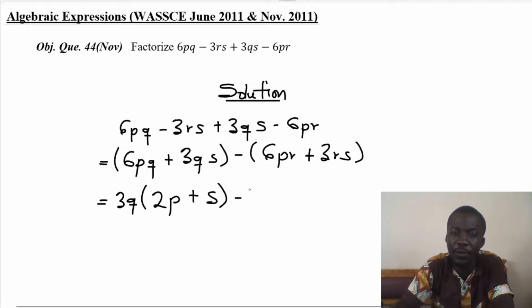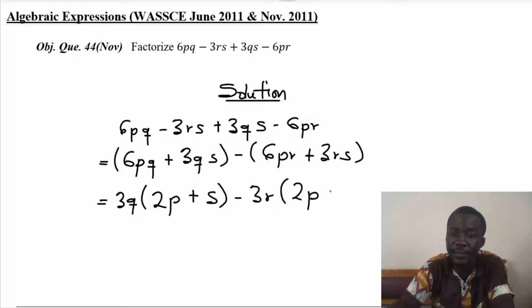6 and 3, the common factor will be 3, and pr and rs, the common factor will be r. 3 into 6, 2, then r into pr, we are left with a p. Then 3 into 3, 1, r into rs, will be left with an s.